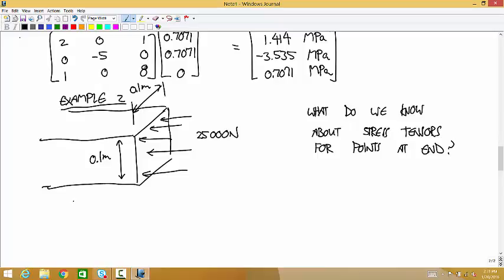Okay. Yeah, exactly. So the traction vector is... and what direction is it in? It's a vector, right? So it's negative 2.5 MPa, 0, 0.